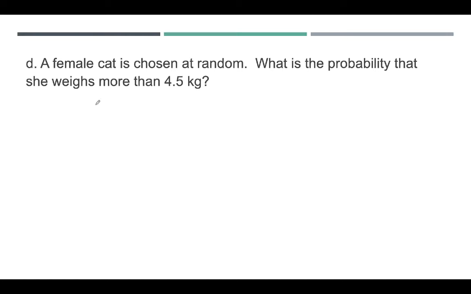All right, so a random female cat is chosen at random. What is the probability that she weighs more than 4.5? Okay, let's put this in probability notation. We are trying to find the probability that x is bigger than 4.5. So we're going to want to find out the z-score of 4.5.